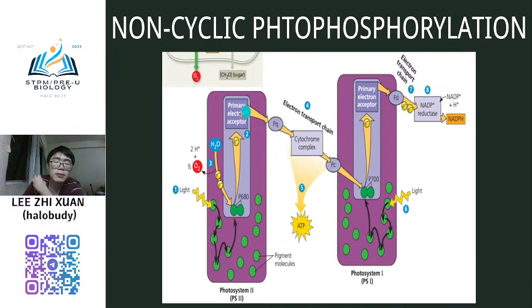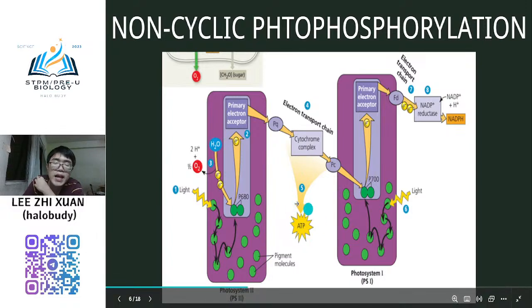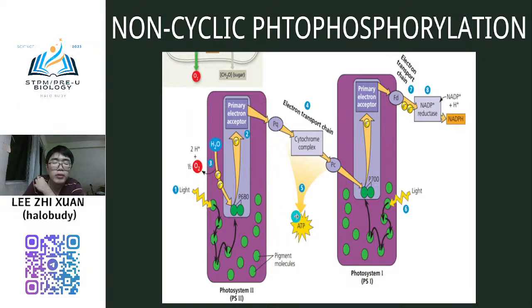This primary electron acceptor then will go toward the electron transport chain. Why? Because it wants to produce ATP molecules. So from here, it will produce the ATP molecule. After that, this electron will go toward the P700 and undergo excited state again, and then transfer the electron toward the NADP plus reductase.